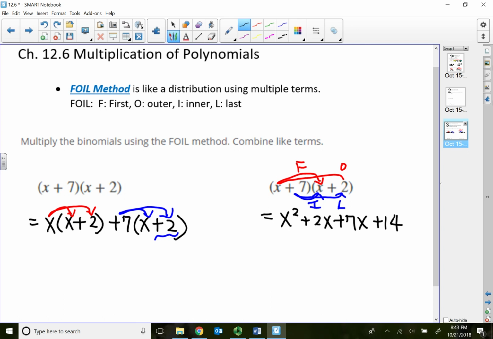Basically, the FOIL method is taking the x and doing a distribution, then taking the positive 7 and doing another distribution. Now I can combine like terms. The degree is 2, so this is still x squared. Positive 2x plus 7x is positive 9x. My last term is still positive 14.